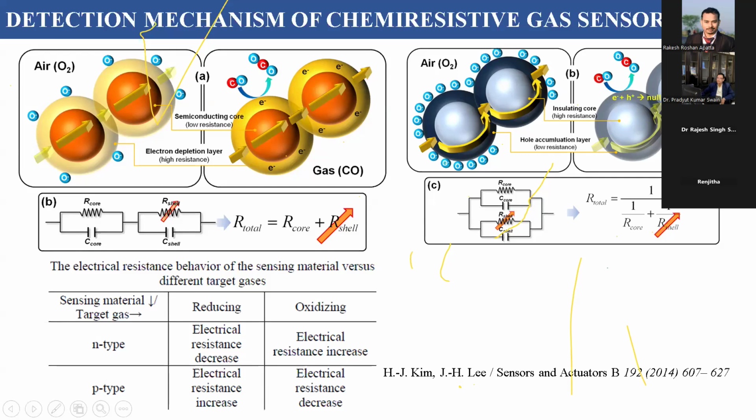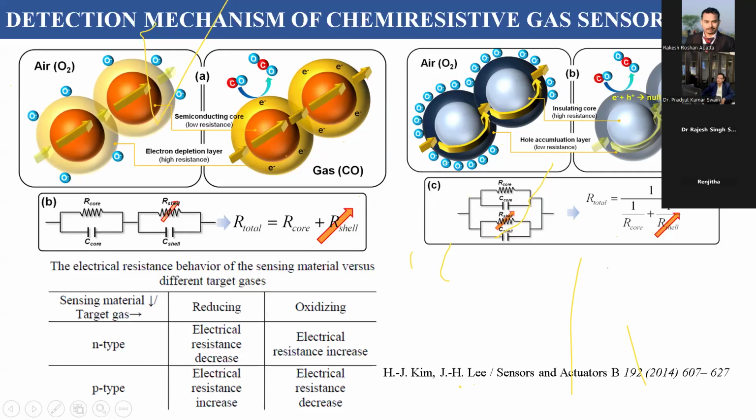When you have oxidative gases, they take the electrons from the accumulation layer. When it takes the electrons, the resistance of this material will increase.